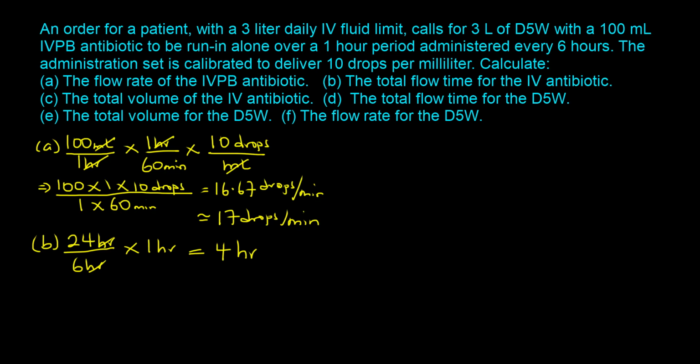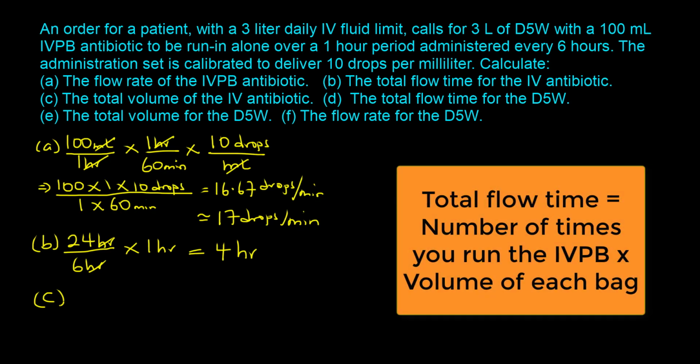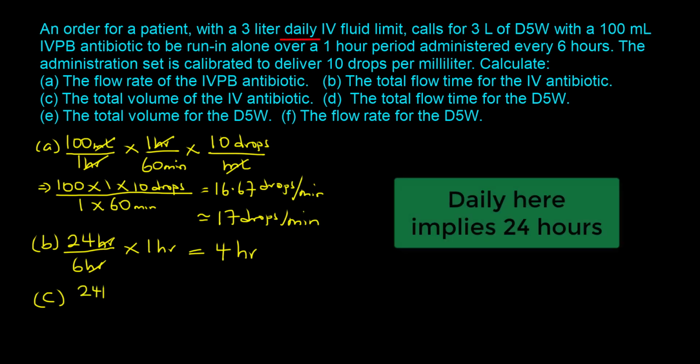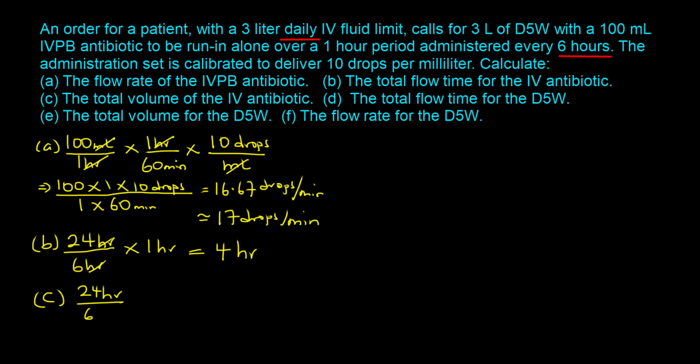So we can now go ahead and solve part C of the question, which is asking for the total volume of the antibiotic. And the way you find the total volume is to multiply the number of times that you run the IVPB by the volume of each bag. So what that would look like is you have a total time of 24 hours, and every 6 hours you run one IVPB, one bag.